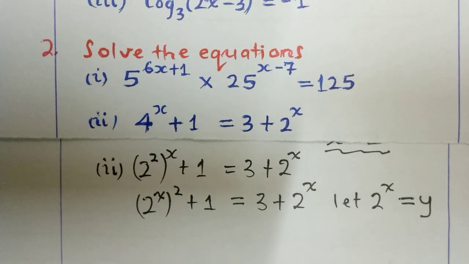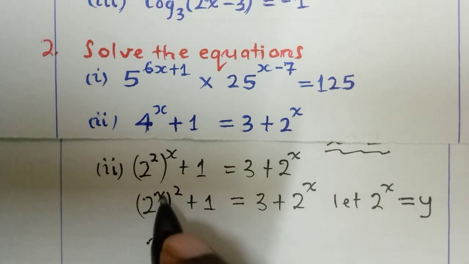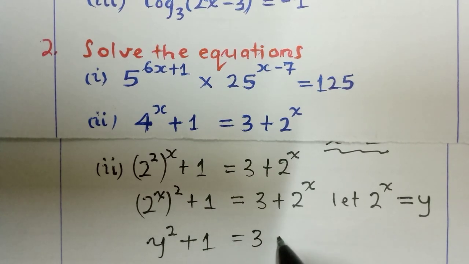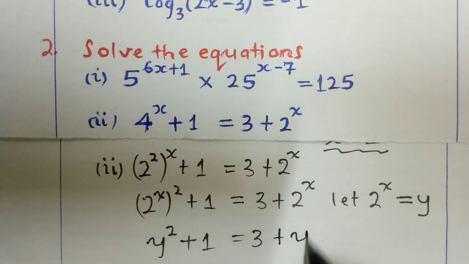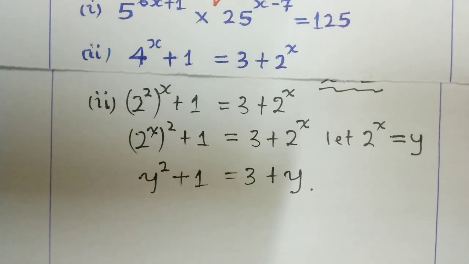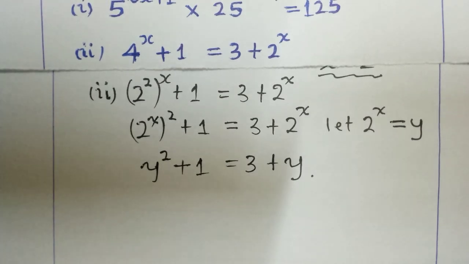So guys, I will use y now. So now it is going to be y squared plus 1, because here you have the y and then the square, plus 1 is equal to 3 plus y, like that. And guys, obviously, as you can see, it now makes what we call a quadratic equation.